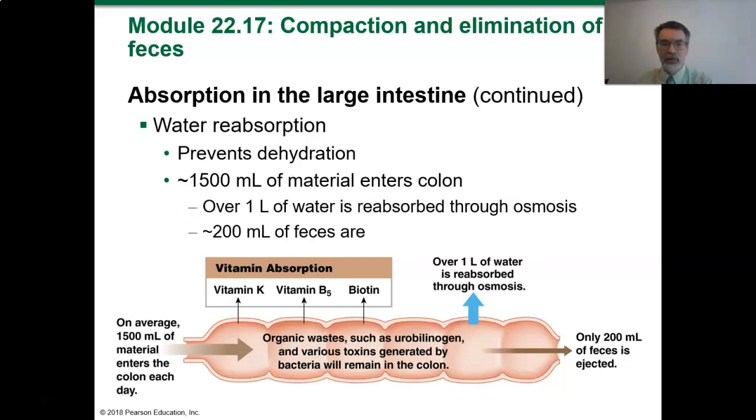So water reabsorption: 1.5 liters of water enters the colon, over 1 liter of water is reabsorbed, right? 200 mLs of water remains in the feces as it's lost from the body.